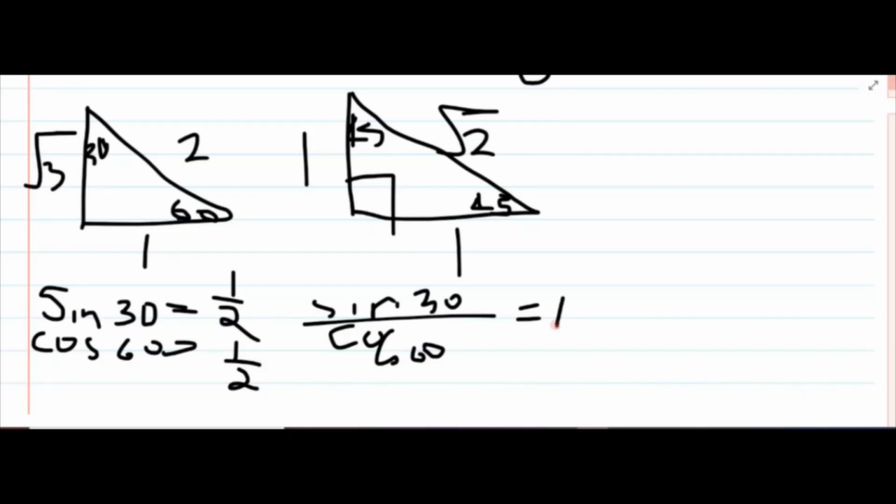And if you notice, 30 plus 60 is 90. So what I'm trying to show you is that if we have different trig ratios, sin and cos, and their angles add up to 90, dividing them will always give you 1. Once you know this, you know trigonometry, and you're never going to go wrong.